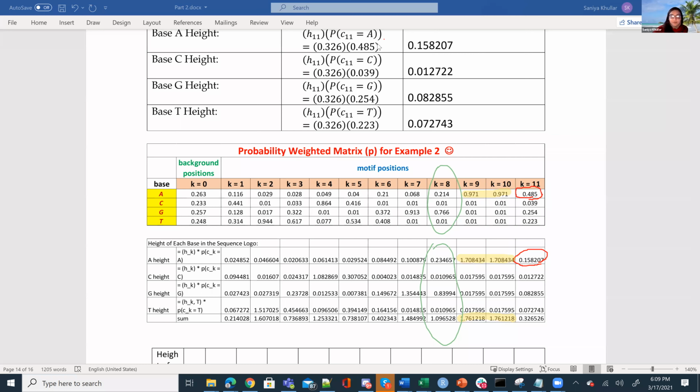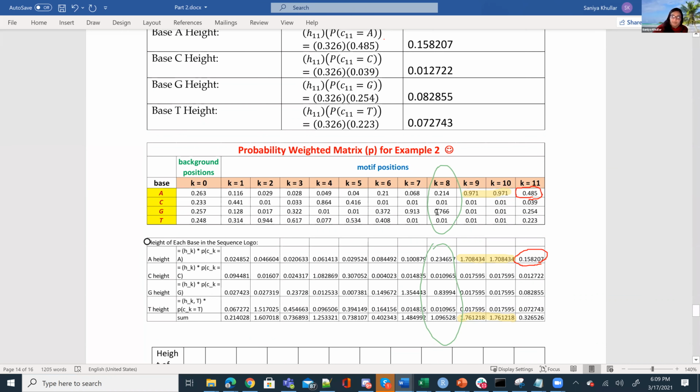If we compare this part here with these parts, we would say this seems like more of a majority of one base, which corresponds to a higher height of 0.83994. So the base that's the likeliest will be given the greatest height, because that's how the formula looks. If you look above, you take the height, and in that spot, whichever base is the likeliest will get the greater chunk of the height.